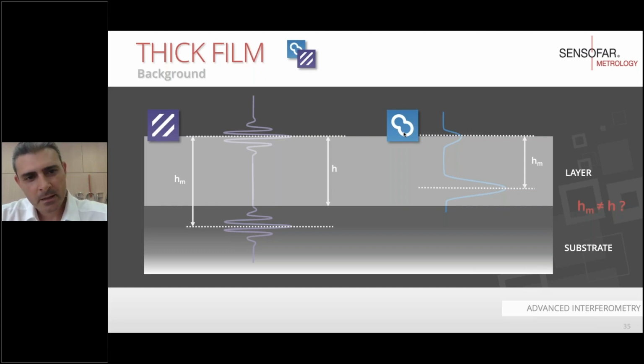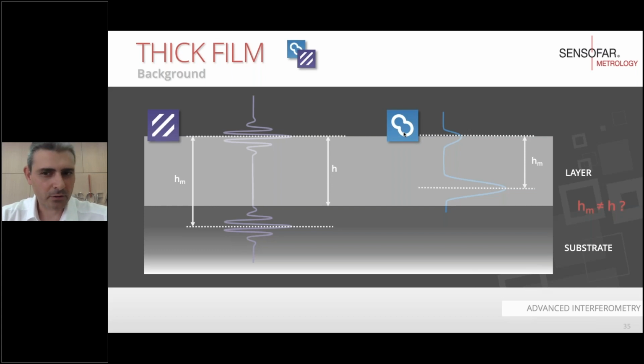There will be a first reflection on the top of the layer, the interface between the air and the layer, that will provide an interferogram, and then a second train of interference fringes will appear, not exactly at the interface between the layer and the substrate, but a little bit farther away from that position. This is what we call HM, the measured height, while the real height is H.